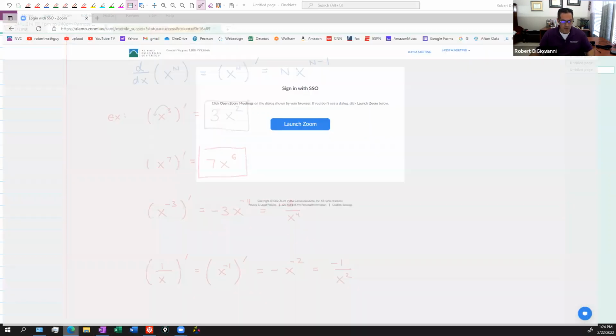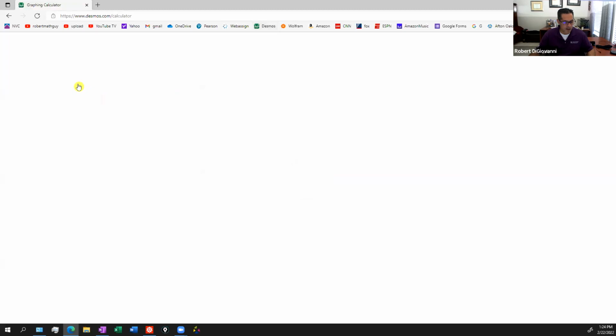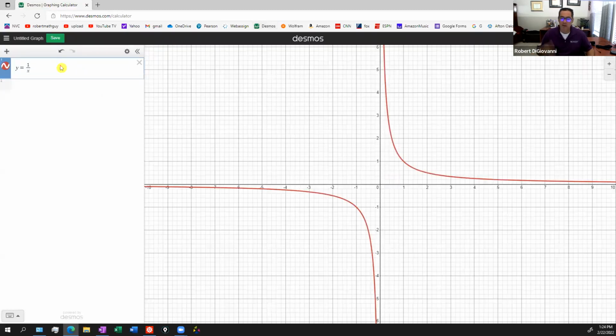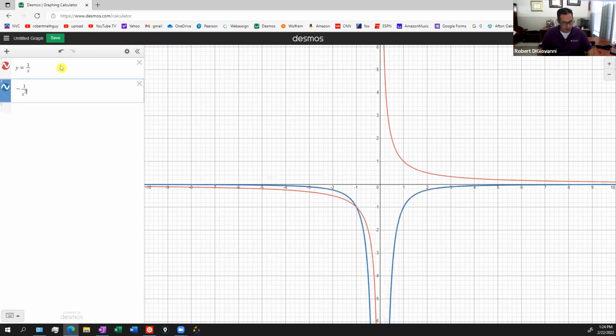Let's play with this one for a second. I graphed 1 over x, and we said the derivative was negative 1 over x squared, right? There's the derivative. Let's see if this makes sense. Remember, we were talking last time about graphing a function and its derivative together. If we go to the red function right here and look at the slope of the tangent line, it'd be a negative number. Well, look, the derivative is negative.